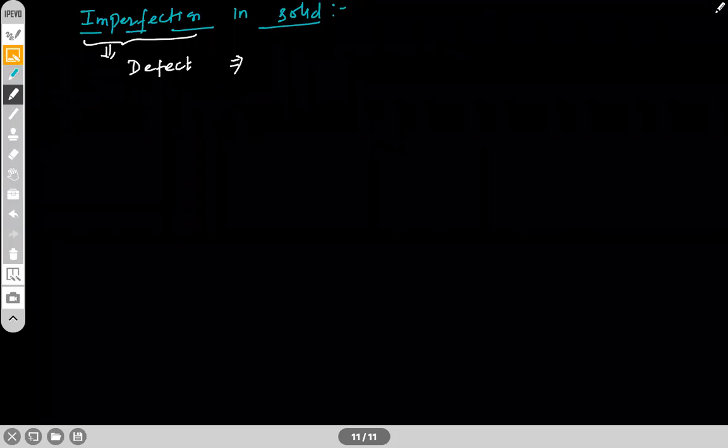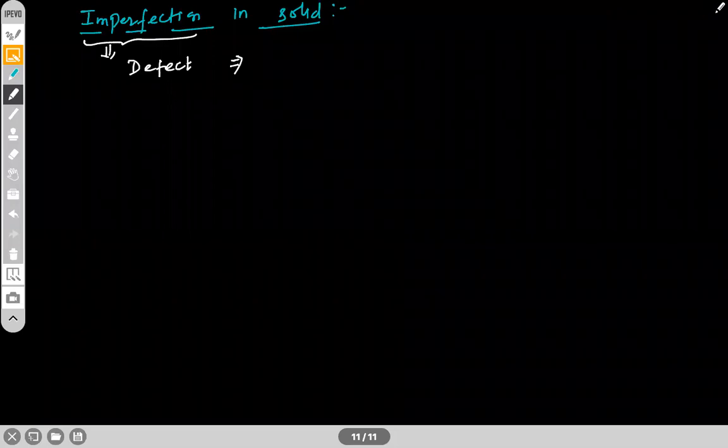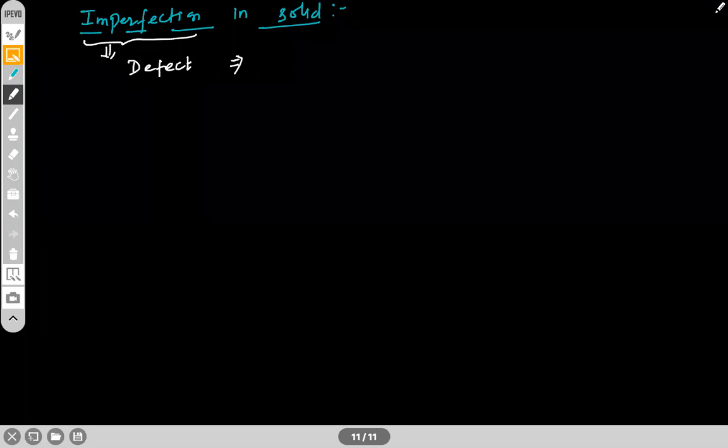Next line, imperfection may be intrinsic or extrinsic.